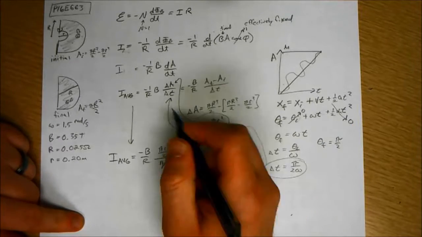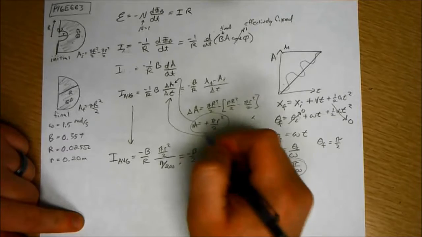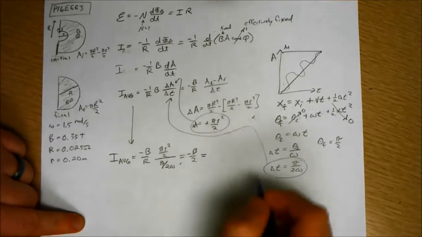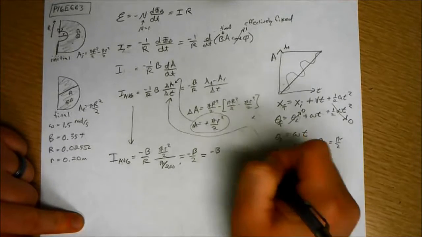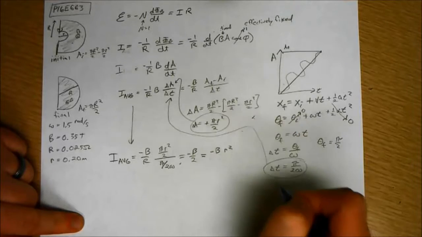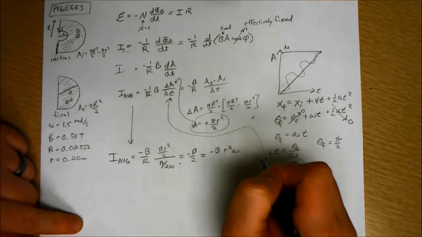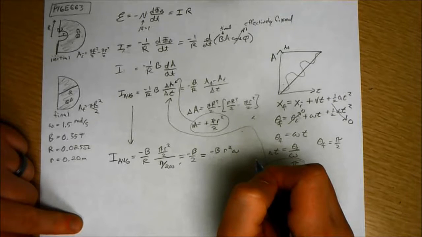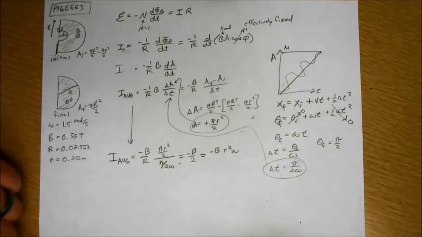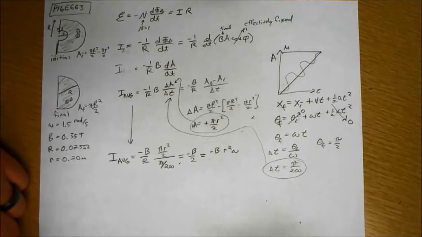So that will equal negative B r squared omega. I believe that's it. B r squared omega.